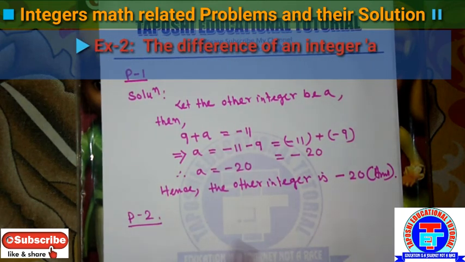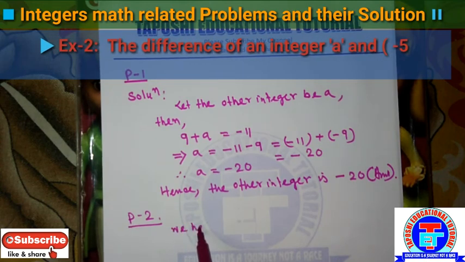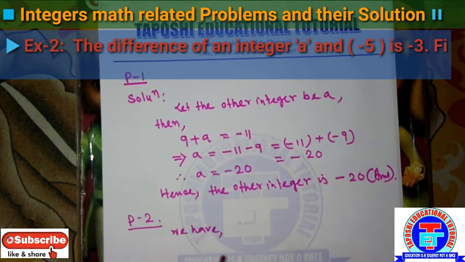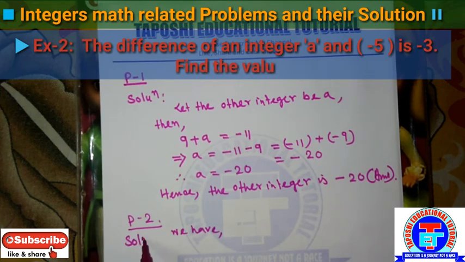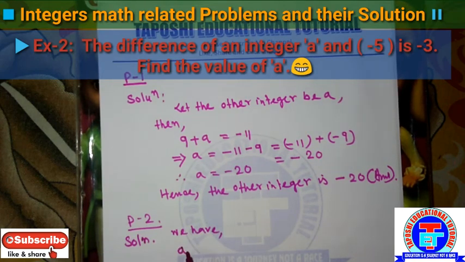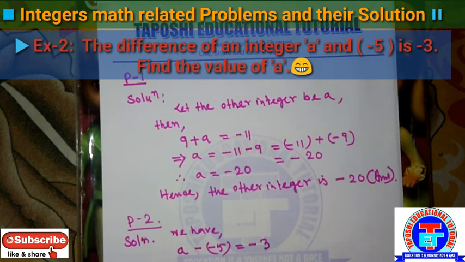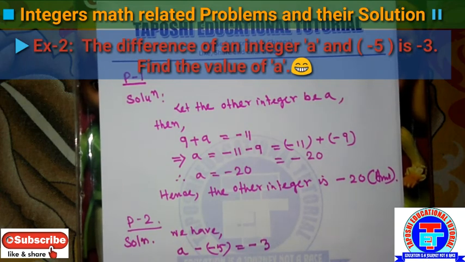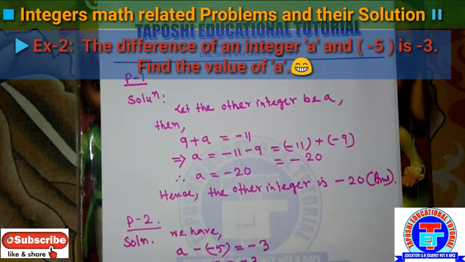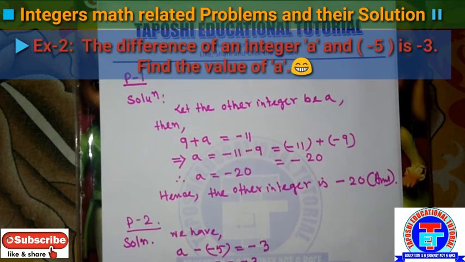So we have the solution a minus minus 5 is equal to minus 3, implies that a plus 5 is equal to minus 3, implies that a is equal to minus 3 minus 5.